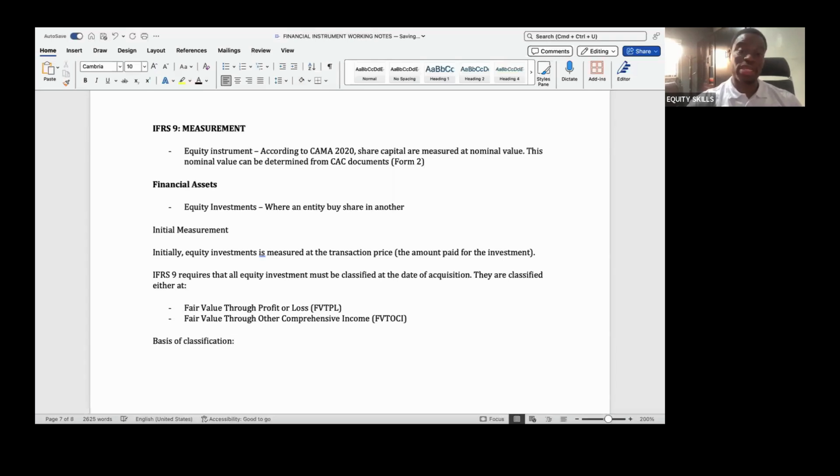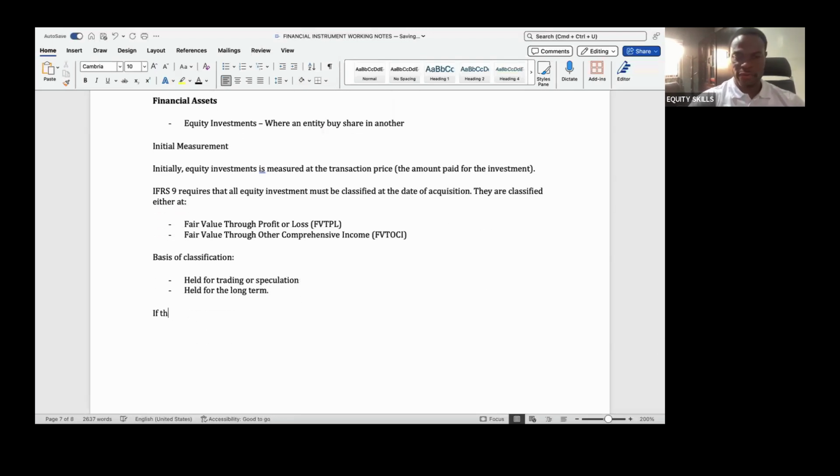That takes us to the basis of classification. The basis of our classification is whether the investment is held for trading or speculation, or it is held for the long term.